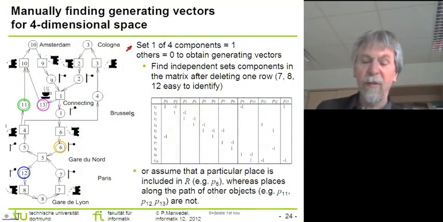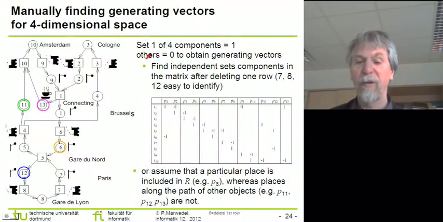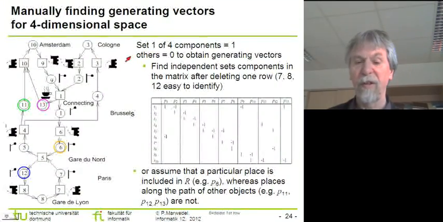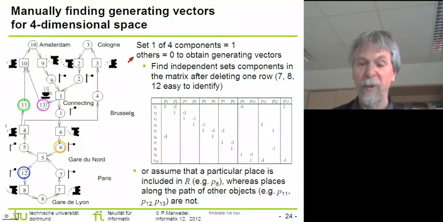Now, a very easy way of finding four basis vectors for the four-dimensional solution space is to select four components, and then for the four components generate four different basis vectors, and for each of the basis vectors we would set one component to 1 and all the others to 0. So in this way we are reasonably sure that they can actually serve as independent basis vectors. So the question only then remains which of the components would we select for this purpose.